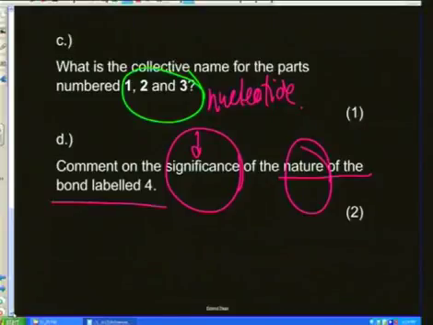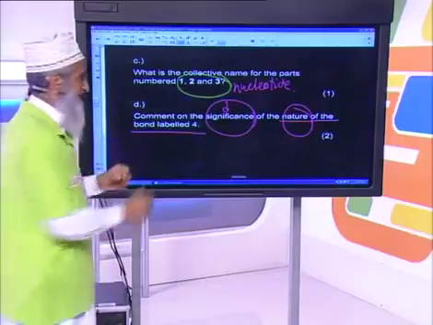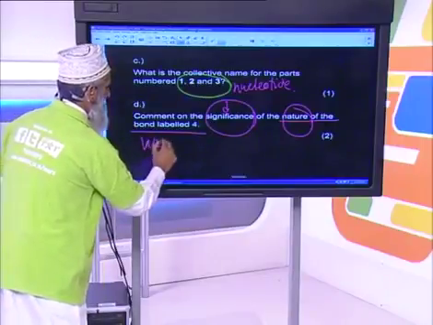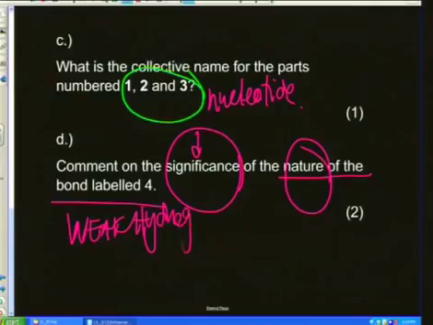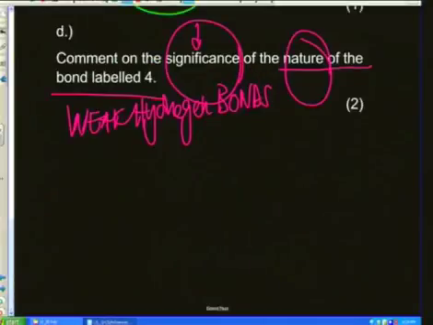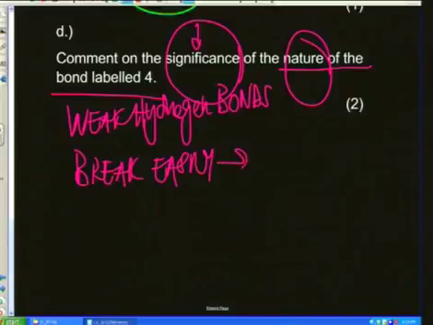What do we know about these bonds? What bonds are they? They are weak hydrogen bonds. So what's so good about having weak hydrogen bonds? They break easily to allow for replication.